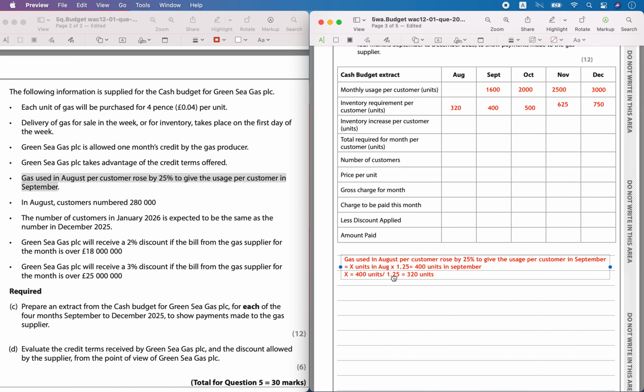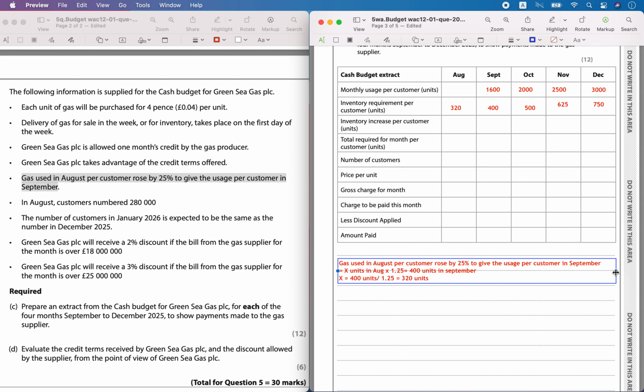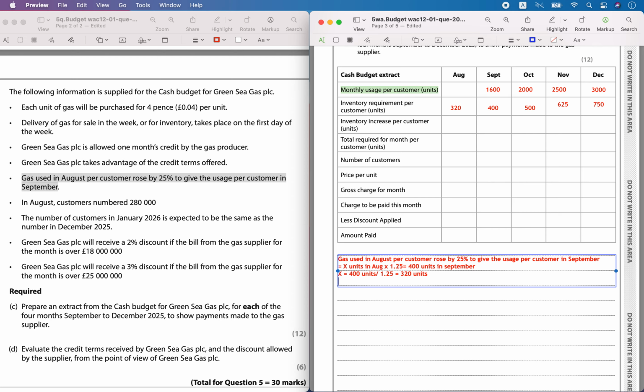You can check: 320 plus 320 times 0.25 equals 400 units. So whenever you have an unknown, you can write it as 1.25 times the units consumed in August. Now the monthly usage per customer becomes 320 units, which is the weekly usage consumption, times 4.